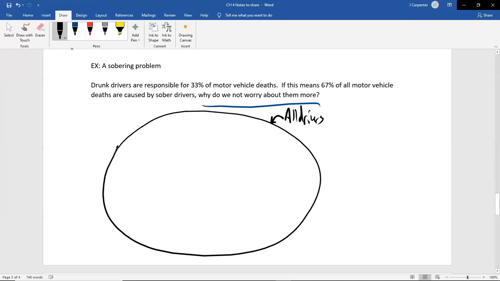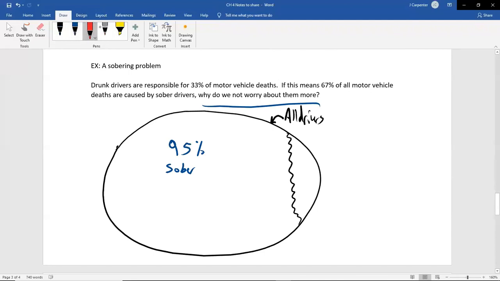Now, when I say most, we've got to put a number to that. And maybe you're thinking 80%, maybe you're thinking 90%. But even when you lump in all of those people at 2 a.m. and 3 a.m., it turns out to be about 95%. And again, this is a rough statistic, so don't use this as the gospel. About 95% of the people on the road on average across all 24 hours of the day are what we call sober drivers.